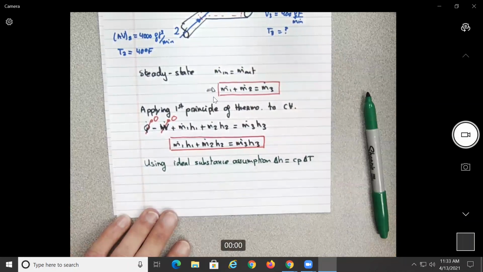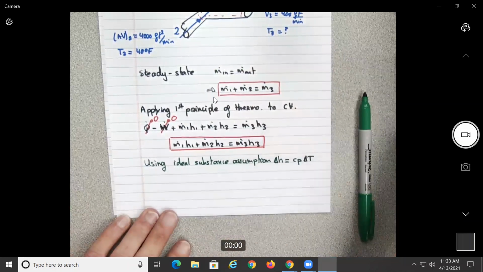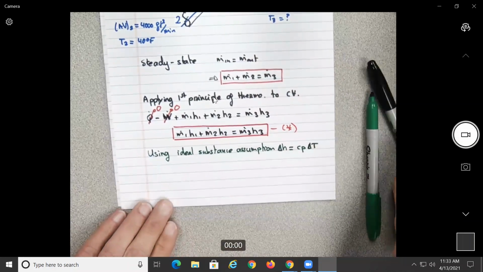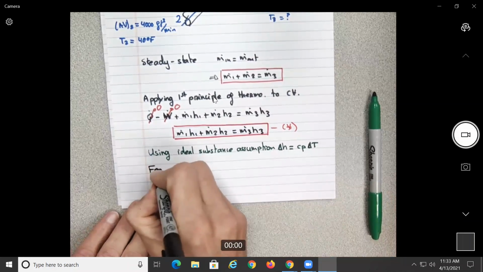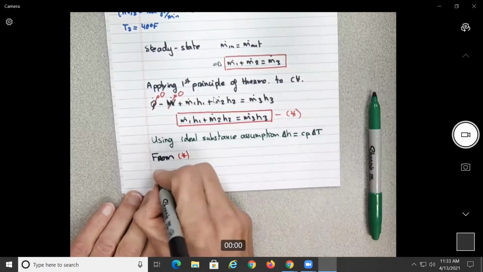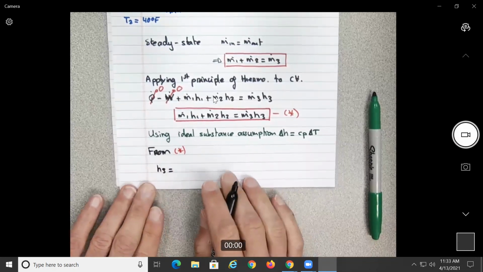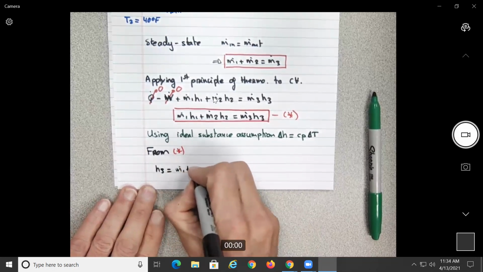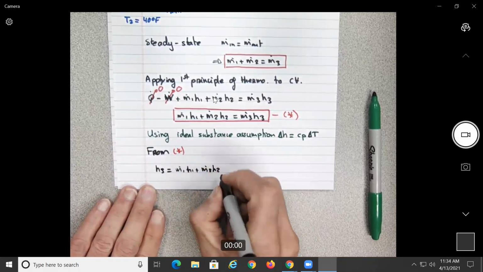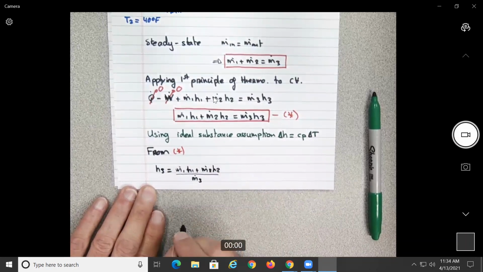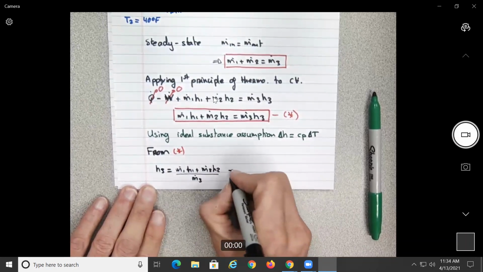So in this case, let's say we need to solve from this star equation. We could write H3 will be equal to M1 H1 plus M2 H2 divided by M3.